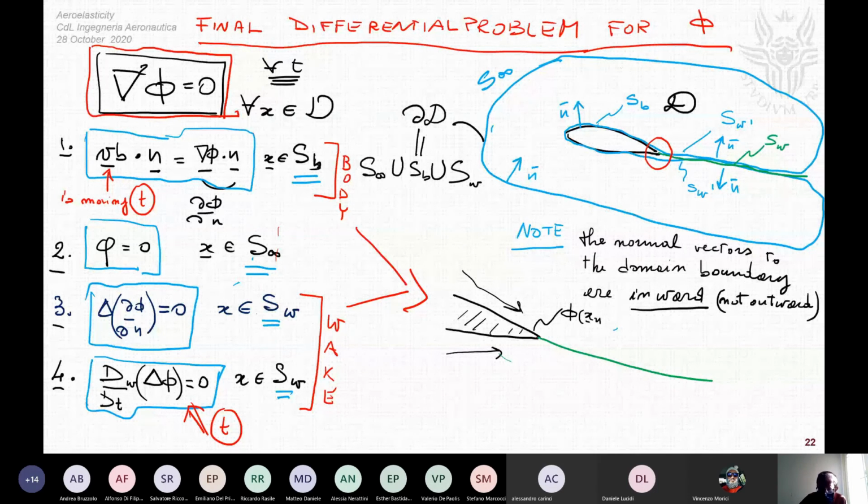U is for upper. You are in the upper surface of the airfoil here, and here you are in the lower surface of the aircraft. So you have a phi in a point x upper, and down here you have a phi lower in the point x lower, and here you have a delta phi on the wake, in the wake point.